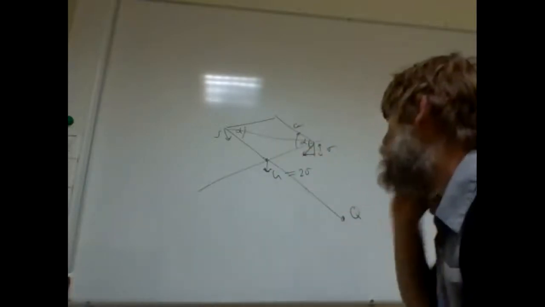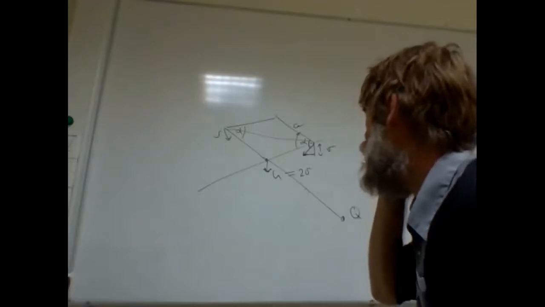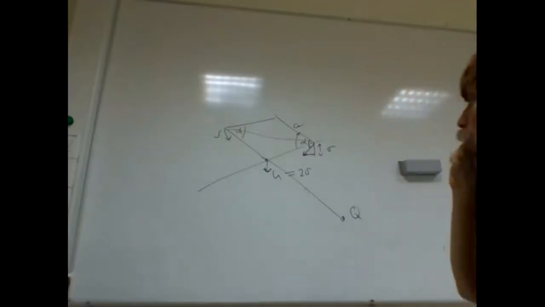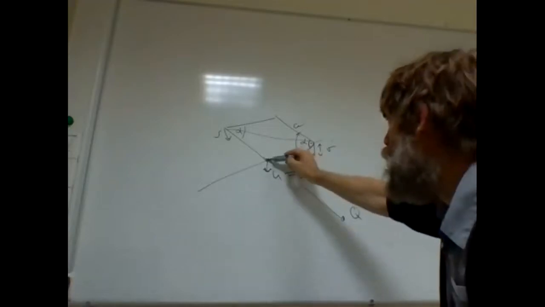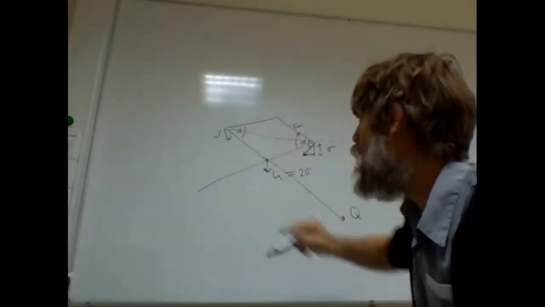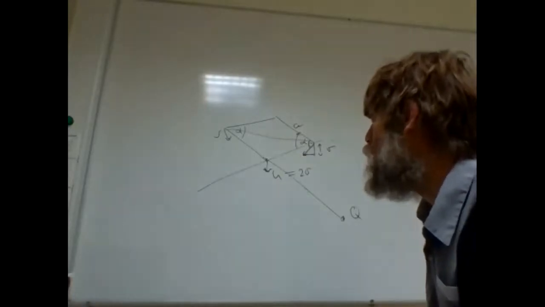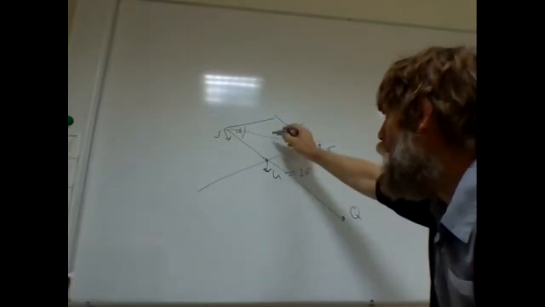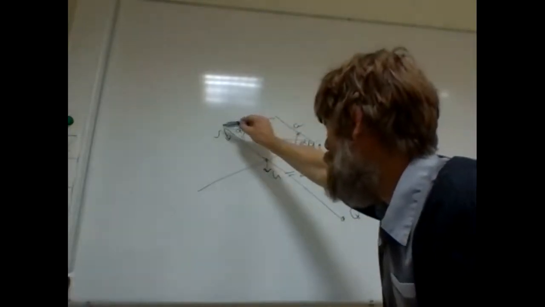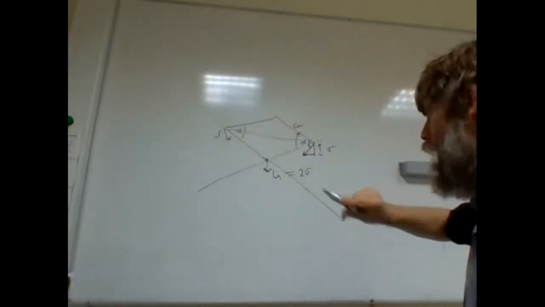Now in this frame of this point here, what is the velocity of that point? The vertical component is v.